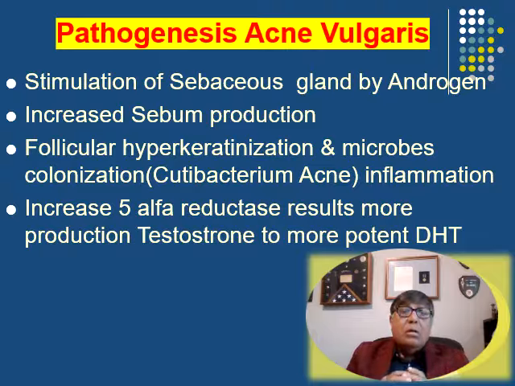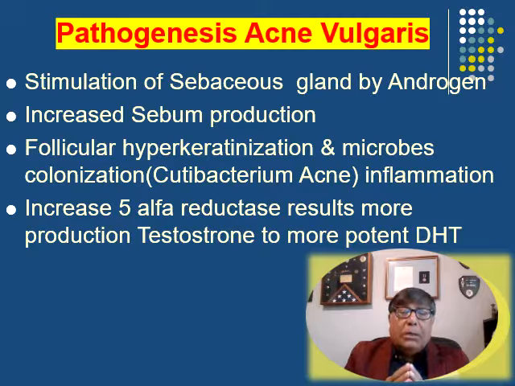Now, besides having more androgen receptors, another thing happening is the increased activity of 5-alpha reductase. What is 5-alpha reductase? This is an enzyme which converts testosterone to the more potent dihydrotestosterone.